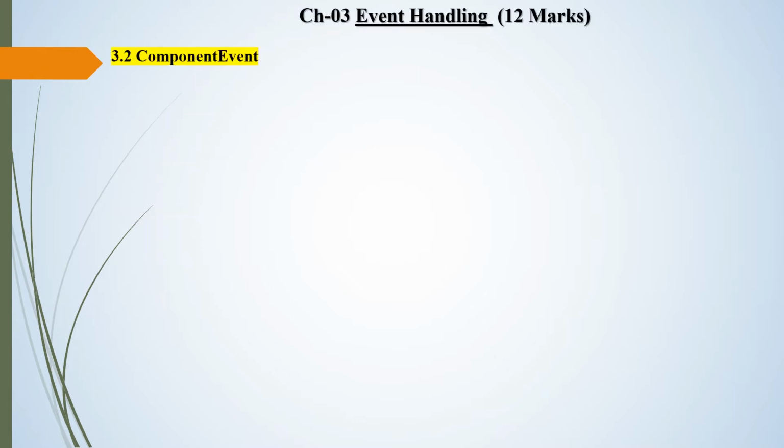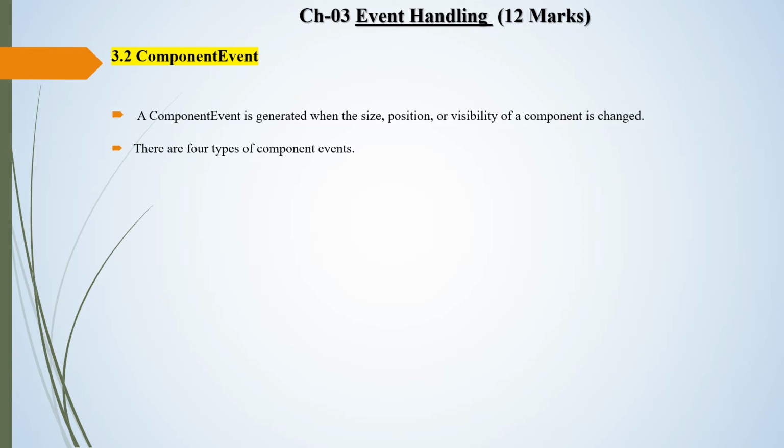First we see the component event class. A component event is generated when the size, position or visibility of a component is changed. So this is one class in Java and it is regarding component size, position and visibility. There are four types of component event.